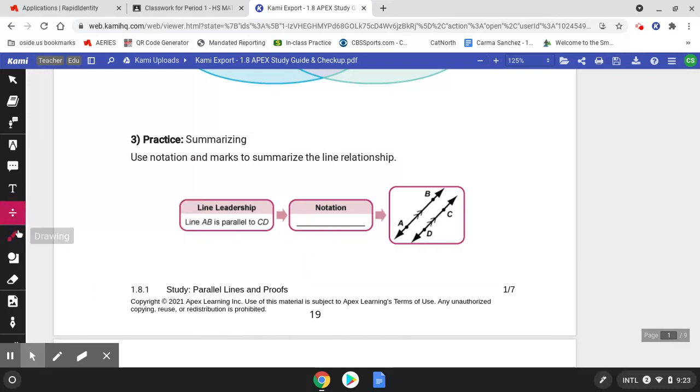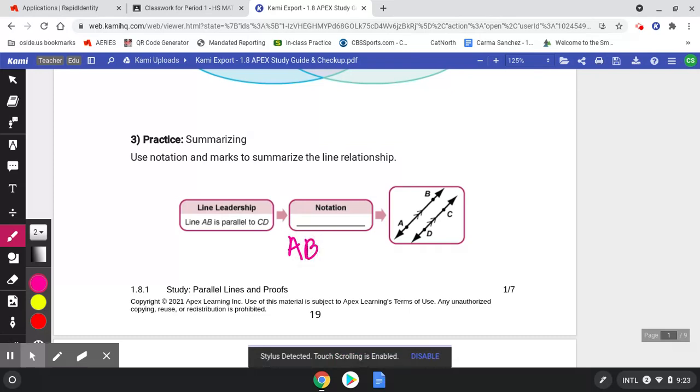Actually, I think I'm going to hand draw this just to be safe, because I want all the little pieces of notation that you're supposed to have. So line AB needs to have the line on top with the arrows is parallel to line CD.